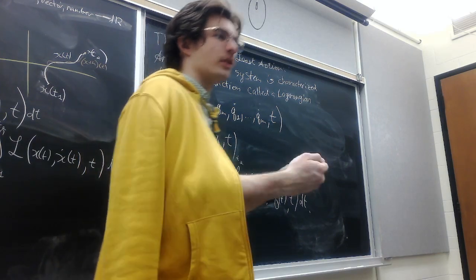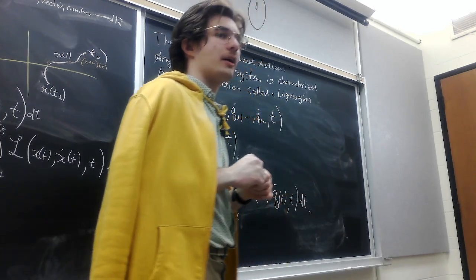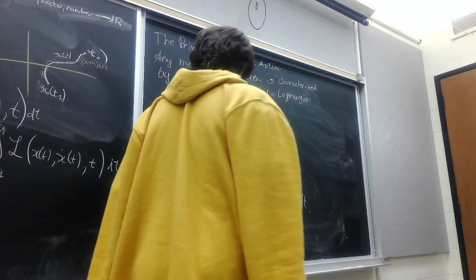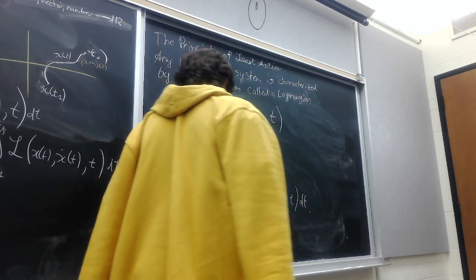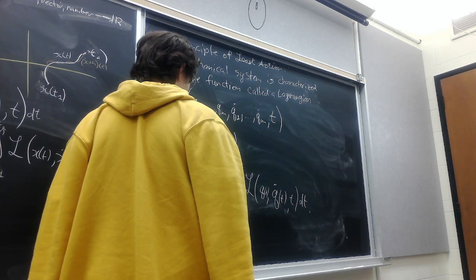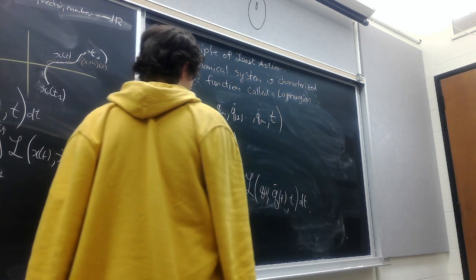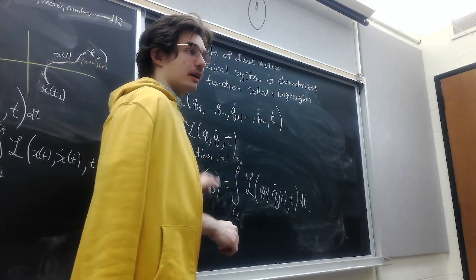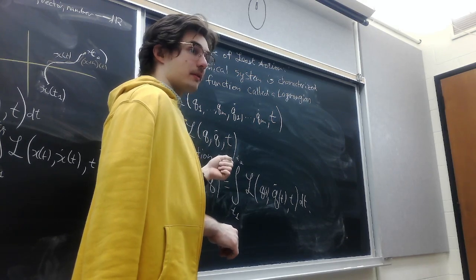If I gave you a Lagrangian, how do you figure out how my particles should evolve over time? So the action is this. Notice the action is some functional. It takes in q, it outputs a number.